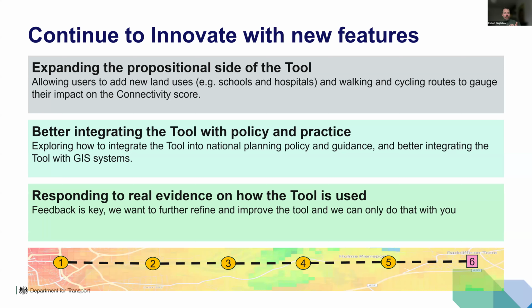But we're hoping that we better integrate that in wider policy and guidance, including local transport plan guidance. We will be publishing, and again, it was in the chat, planning practice guidance for transport assessments to adopt a vision-led approach, and the connectivity tool will feature as part of that. But we're also looking at how we can better integrate the tool with GIS systems.